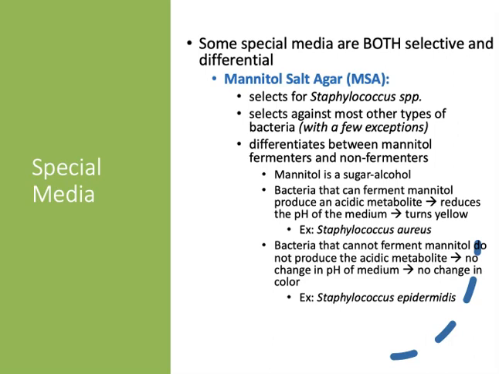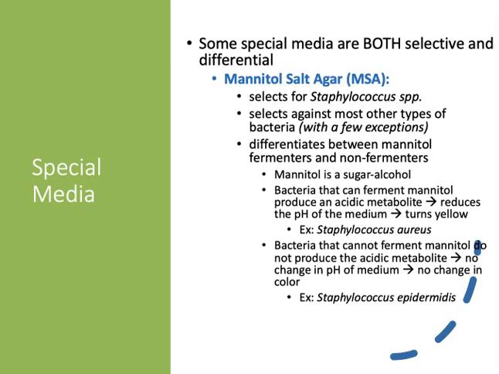So, Staphylococcus is the only type of bacteria that will grow well on MSA. And there's a certain species of Staphylococcus called Staph aureus that is a mannitol fermenter. When Staph aureus grows on MSA, the medium itself is going to turn a yellow color because Staphylococcus aureus ferments the mannitol inside the medium.